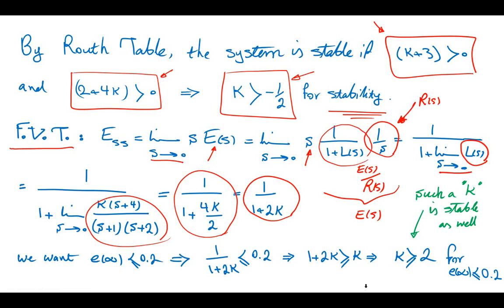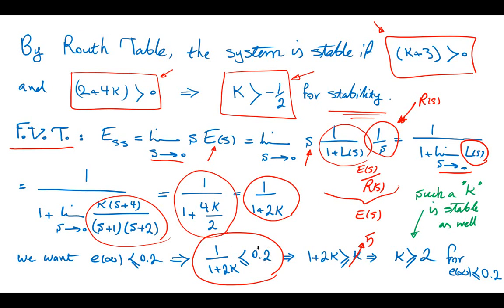So if you want the steady state error to be less than 0.2, this thing has to be less than 0.2. Therefore, 1 plus 2K has to be greater than or equal to 5, the reverse of this inequality, because the inverse of 0.2 is 5.